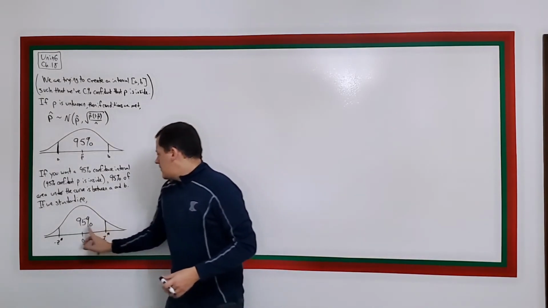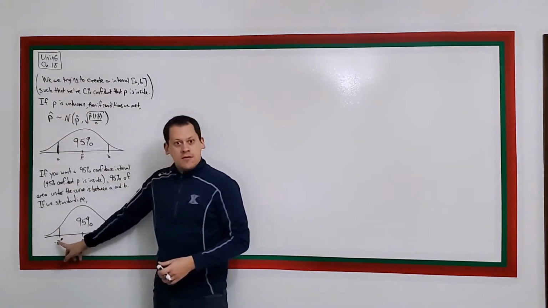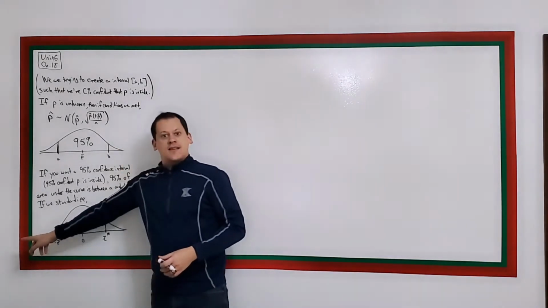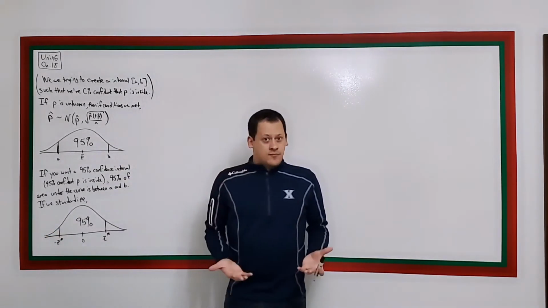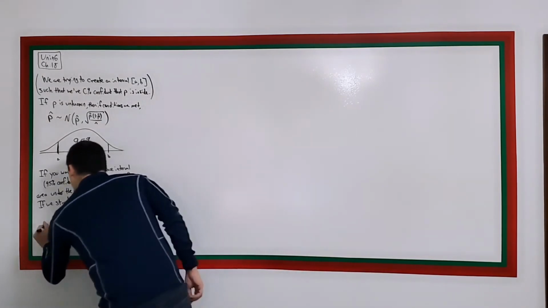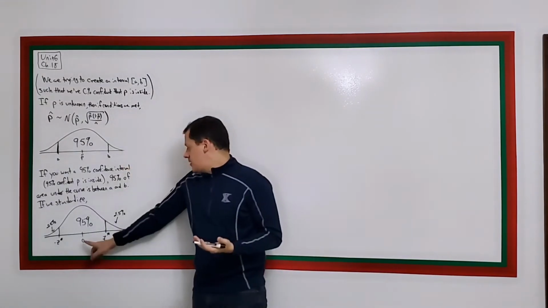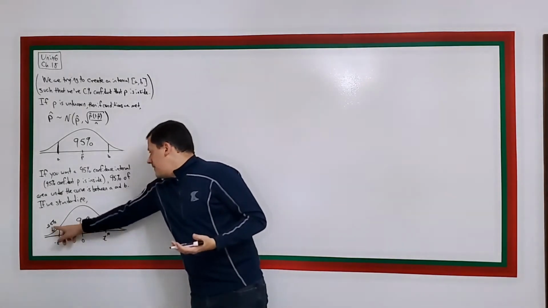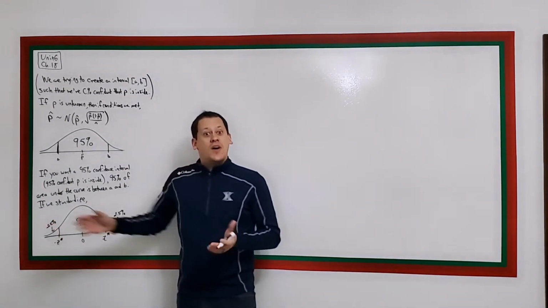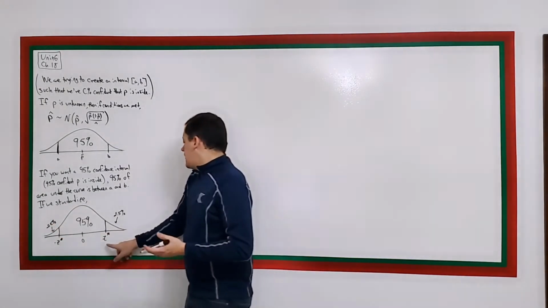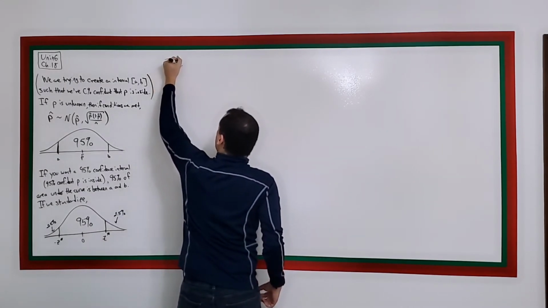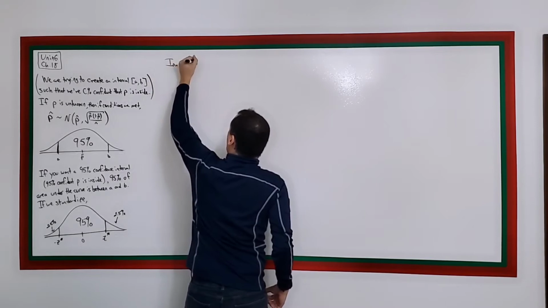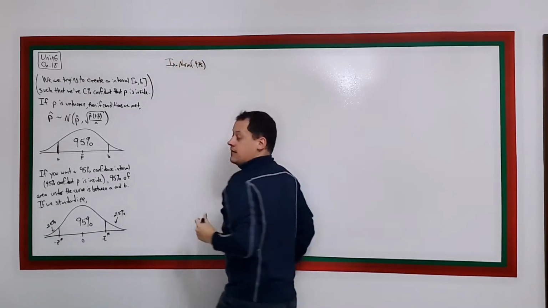Well, 95% gets us to here. How much more area is left to the left of z star? 2.5%, right? The normal curve is symmetric about its mean, and these have to add up to 5% because the whole area under the curve is 1. So to find z star, we would just do inverse norm of 0.975.